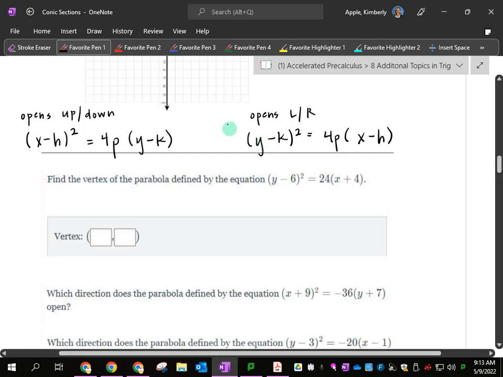The difference is which of these is squared. It's the easiest way for me to determine it. When I'm looking for which of these formulas to use, I'll look at this one. I notice that it's the y that's squared, and so I'm going to work with this one. This one is going to open left or right. I happen to know that this one is going to open right, and I'll show you how I know that in just a second.